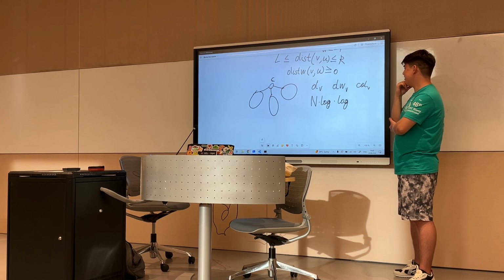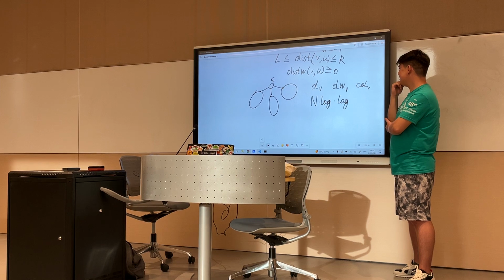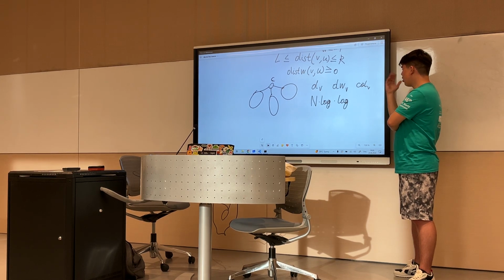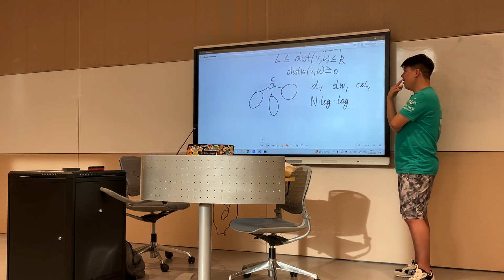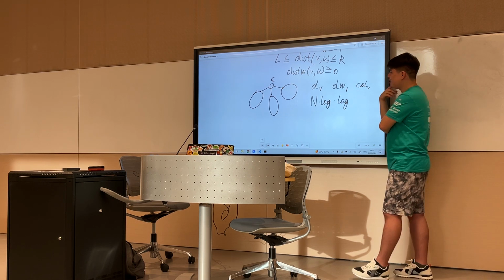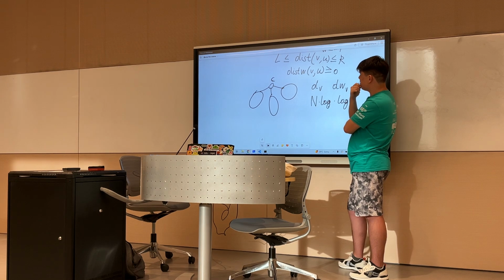There's a problem with colors, because colors need to be different for v and u. I think about a solution where I store two maximums.